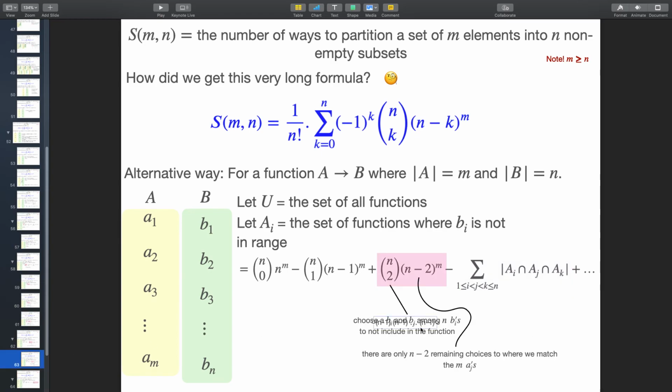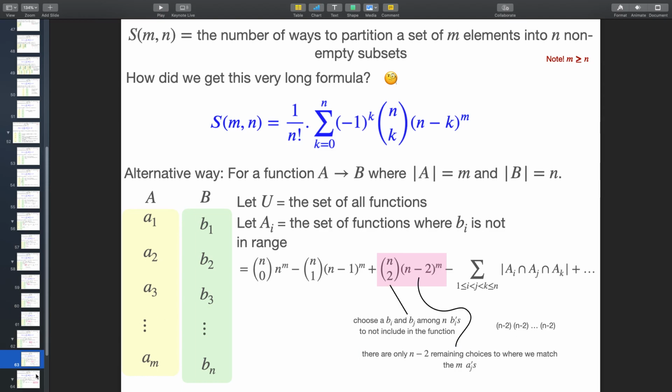So, essentially, dito naman, halimbawa, napili natin na si b sub 1 at si b sub 2 yung hindi dapat included dun sa function, then, since hindi kasama si b sub 1 at si b sub 2, bali, yung possible assignments para kay a sub j will now be reduced to just n minus 2 choices, right? So you are multiplying n minus 2 n times, that is to represent the assignment of all the a sub j.